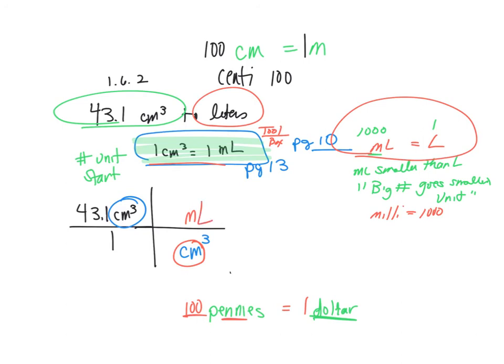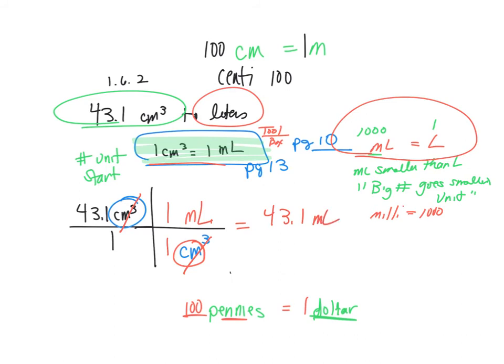Okay. And we know that we have 1 and 1. Okay, so this one's going to be easy. And so the centimeters cubed and the centimeters cubed cancel out. So 43.1 times 1 is 43.1 milliliter.